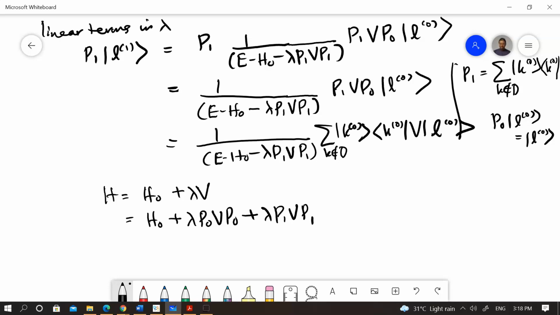So this gives you the interacting potential in the degenerate subspace, and this will be the interaction in the other subspace, which is not the degenerate subspace.